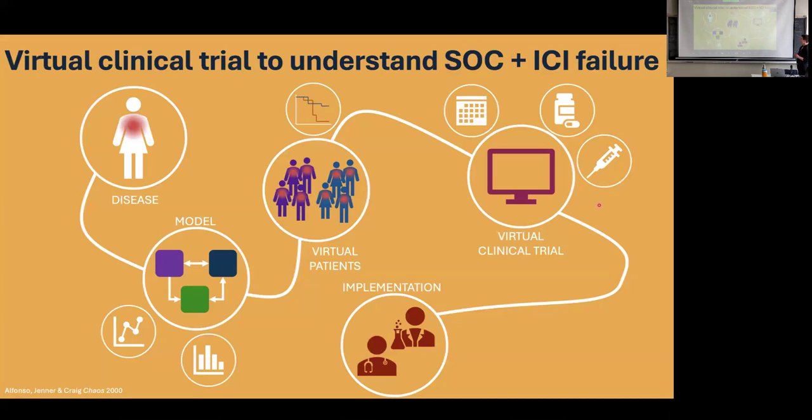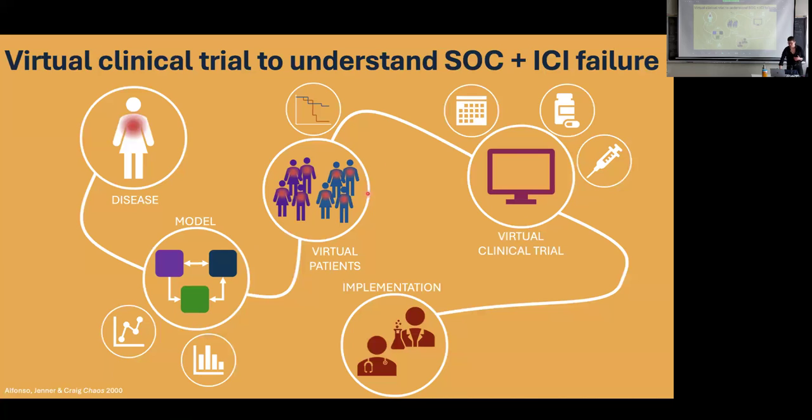And so what Blanche has done is something that we've worked on with Kathleen, is to look at using a virtual clinical trial to understand the standard of care plus ICI failure, and also to understand macrophage therapy. So the way she does this is we have this disease, which is in this case glioblastoma. We have the model that I've just shown you. And we have a variety of data sources, including our IMC data, that provide us with ranges on these parameters.